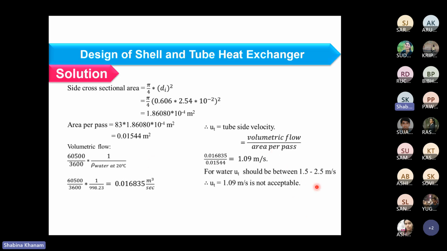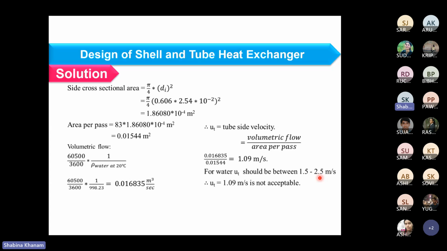But in case of water, it should be 1.5 to 2.5 meter per second. If you recall the last class, we saw how we can increase the tube velocity. That is done by increasing the passes, the tube passes, not the shell passes.